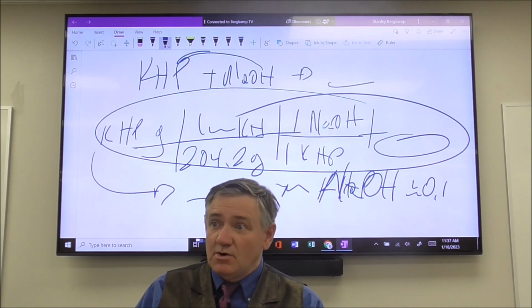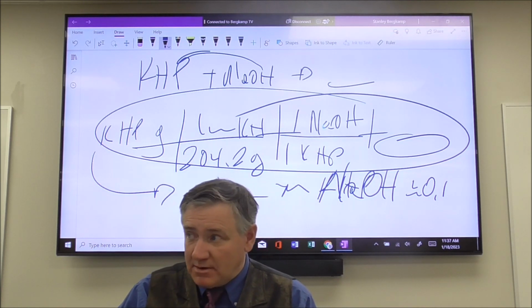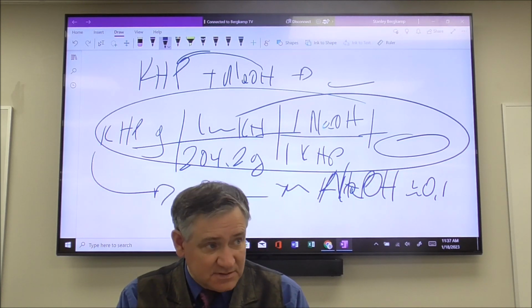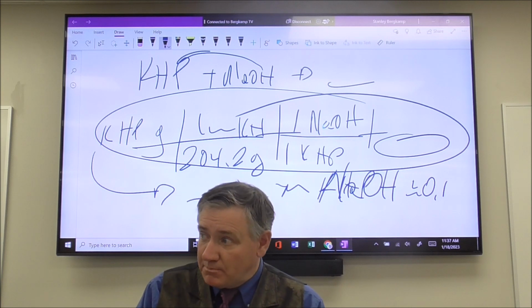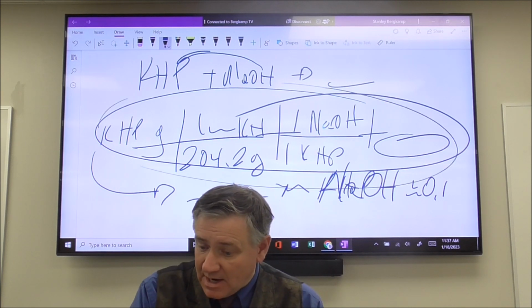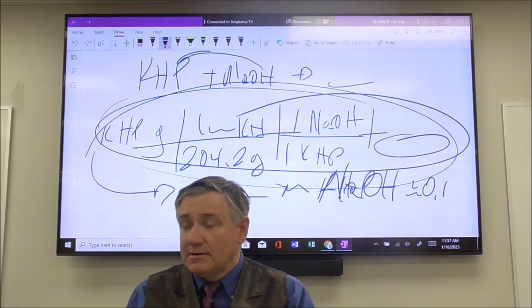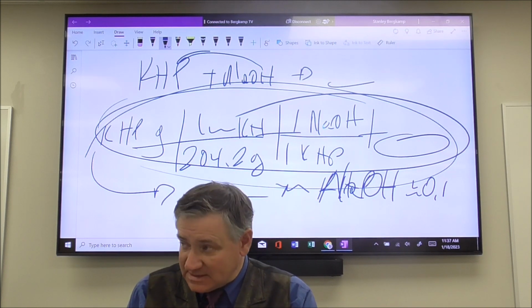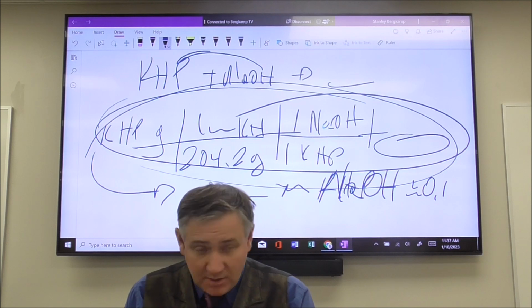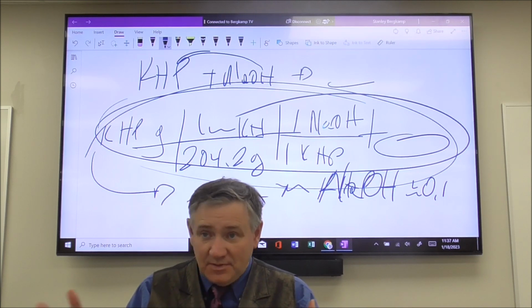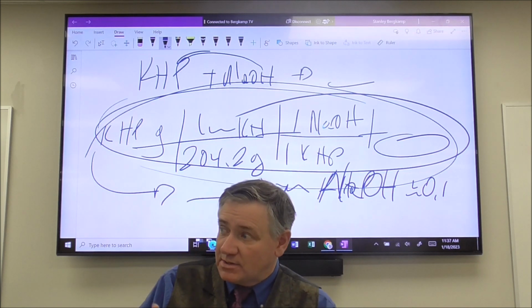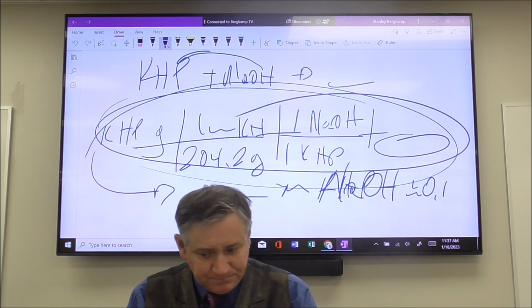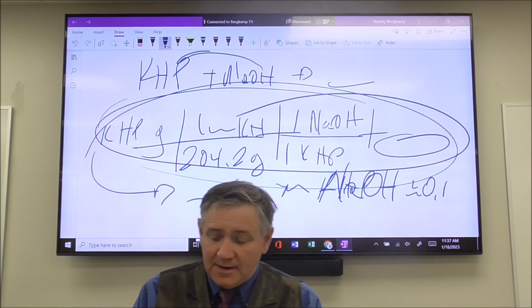Or did you know that you needed that exact amount of volume of your sodium hydroxide? So when you go back and you're looking at this calculation on this lab, make sure that you understand what values did I need to know exactly in terms of volume, and which volumes were there, but I didn't need that in terms of the calculation, okay? So make sure that you got that.